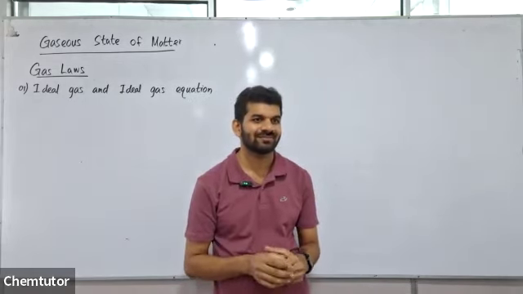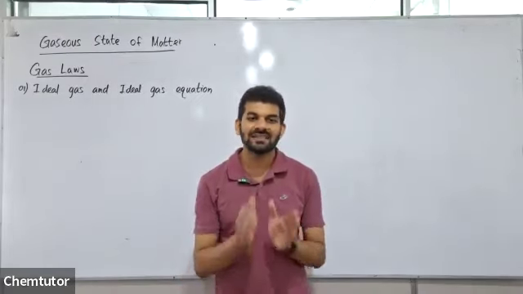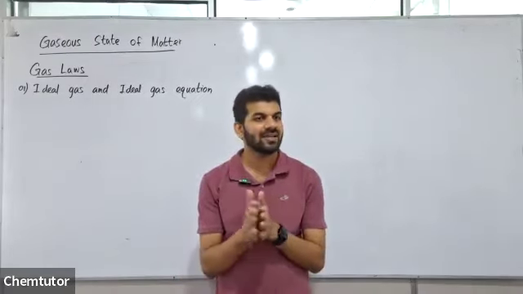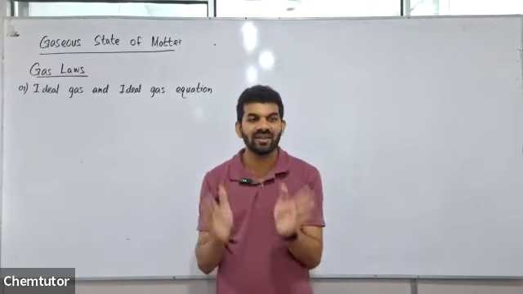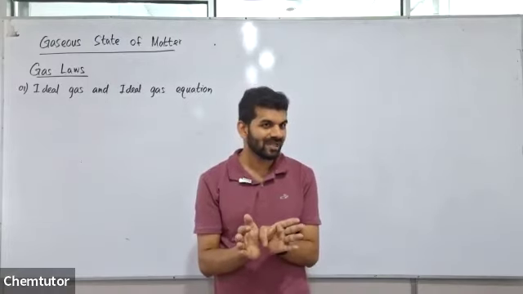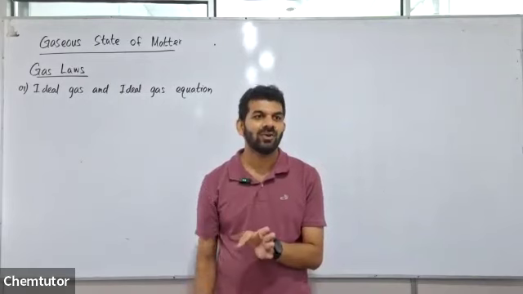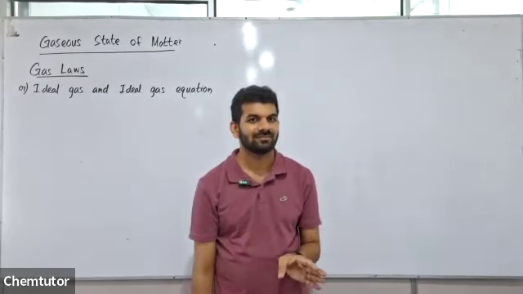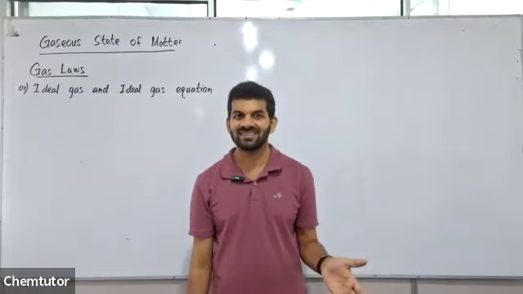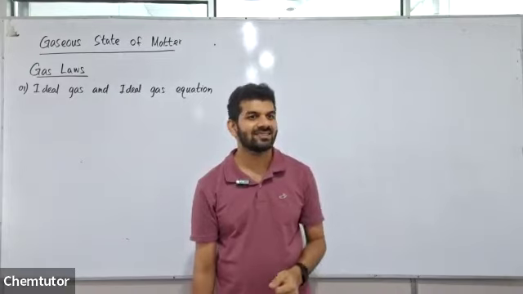An ideal gas is a gas where there are zero intermolecular attractions or repulsions between gas molecules, and the gas particles do not occupy a volume or a mass. In that case, such gases do not exist.